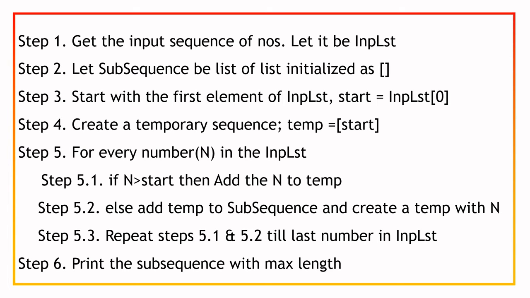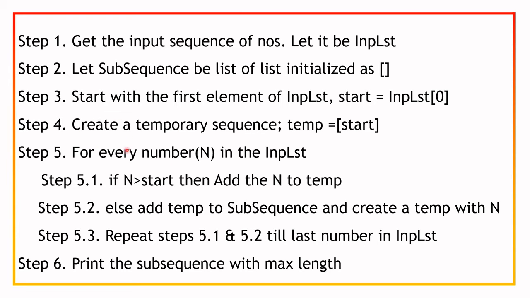Then I'm creating a list of lists, which would be adding all the subsequences in a big list. Okay. Then what I'm doing is I'm starting from the first element in the input list. Just add it in the first subsequence.